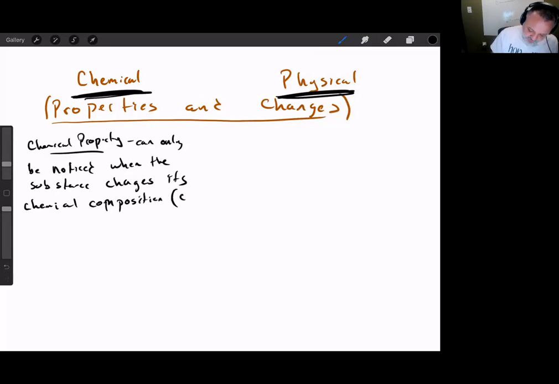Really what we're saying is that it changes its identity.